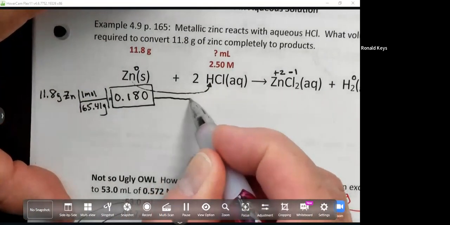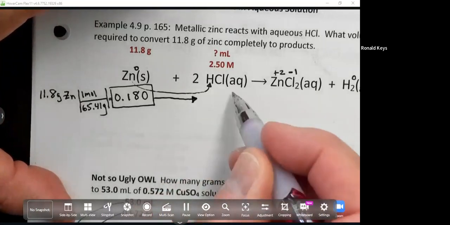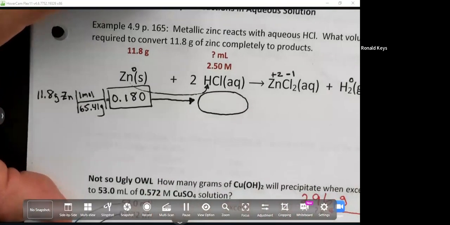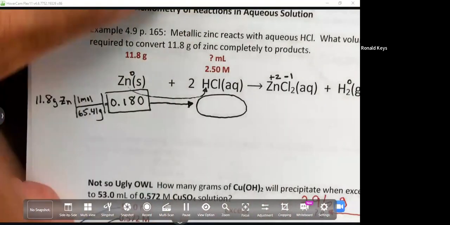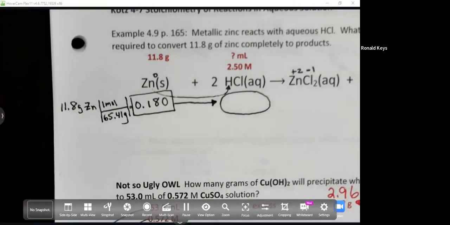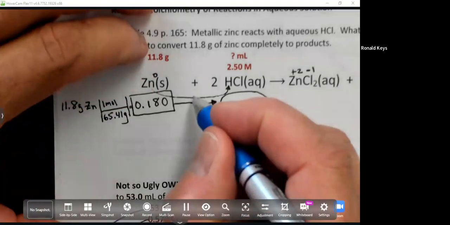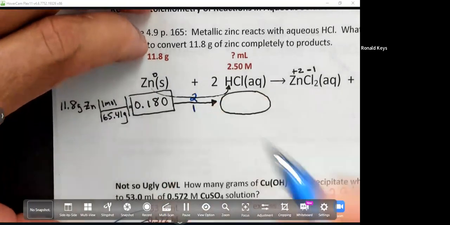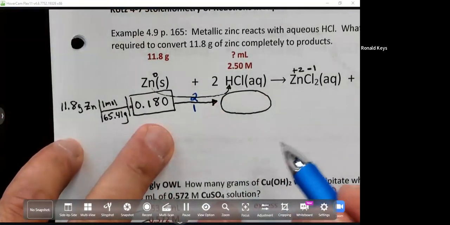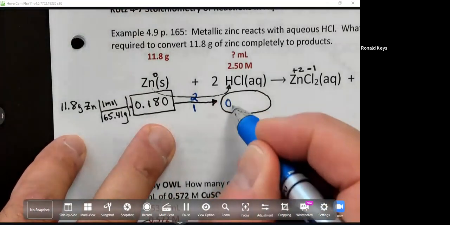Now, this is not a limiting problem at all. We're calculating exactly how much we need of the other reactant in milliliters, though. So my mole ratio fraction here is 2/1. So it takes twice the amount of moles of HCl.